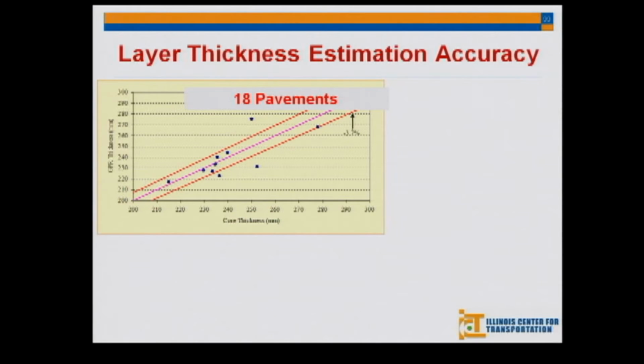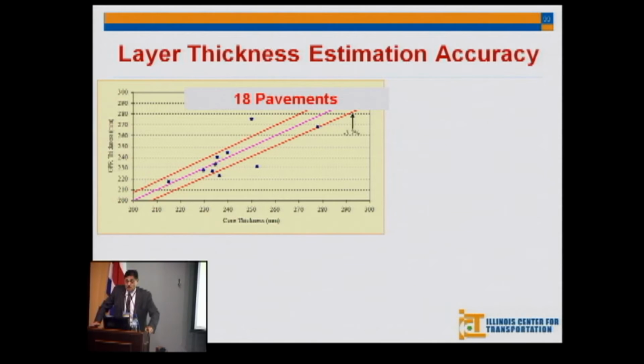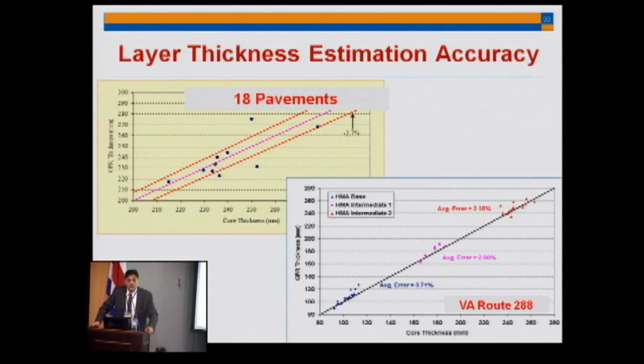This is, for example, typical data from 18 pavement sections, concrete and asphalt, with ages up to 25 years, and you don't know anything about them. The accuracy was within plus or minus 3.7. If you have a very new pavement, the accuracy can be as good as the cores that you are getting, because the dielectric constant doesn't change much and it's constant.